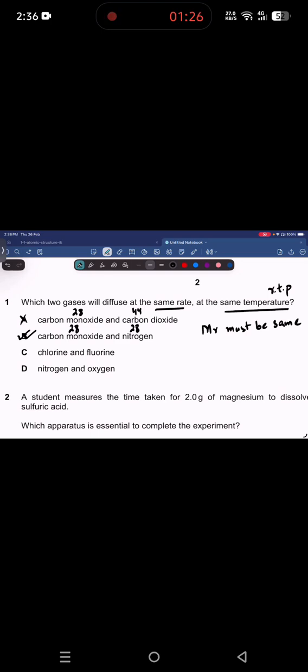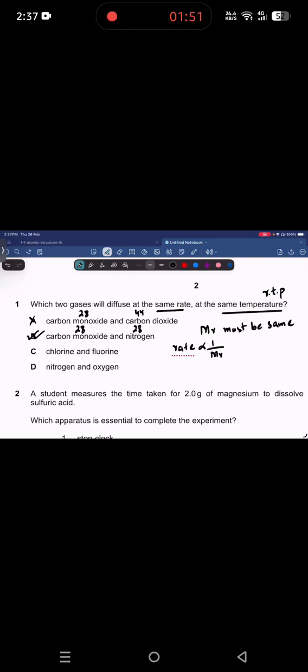The molecular mass is required for the diffusion of gases. If the molecular mass is high, the rate of diffusion is low. If the molecular mass is low, the rate of diffusion is high. So we can say that the rate of diffusion is inversely proportional to the molecular mass of a gas.